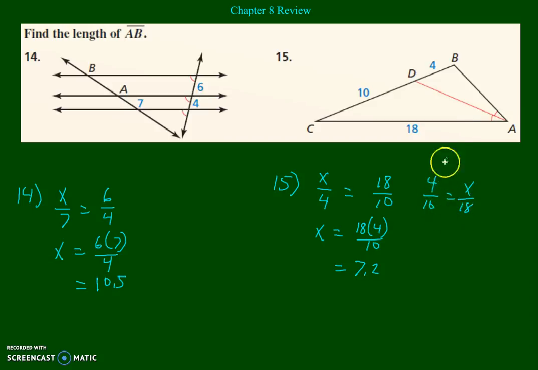So either way you work these proportions, as long as you don't mess them up, you can't say x is to 10 as 4 is to 18. That will not work. So just look at them visually and you should be okay. I usually try to turn my head and look at it this way. So from here to here and from here to here. It's a little easier than looking upside down or something of that nature.